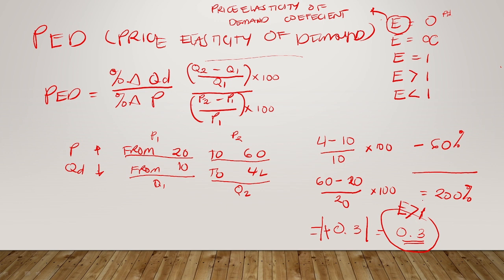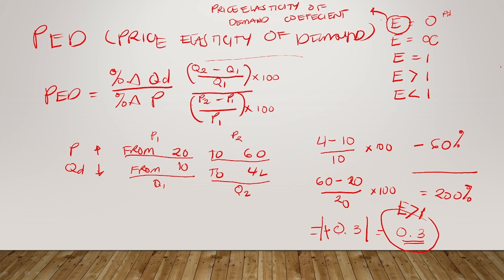Therefore, for PED the sign doesn't matter. If it's positive already, then let it be. It's 0.3, less than 1. If it's 1.1, it's more than 1, therefore it's elastic.